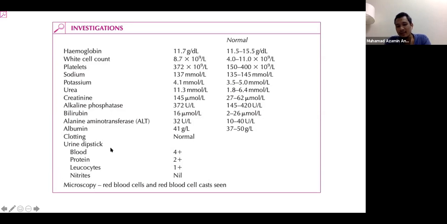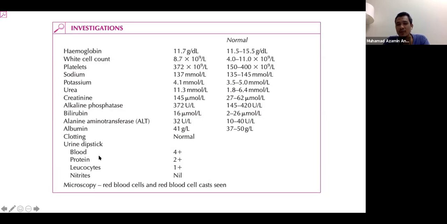But in this case, if you're talking about vasculitis or nephritis, the leukocyte, the white cell, is quite big to leak into the urine. So that's why leukocytes are not as many as blood in nephritis.